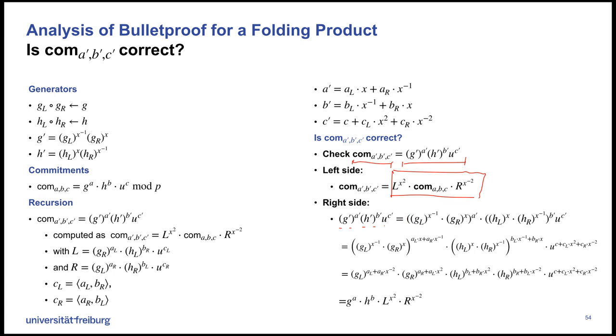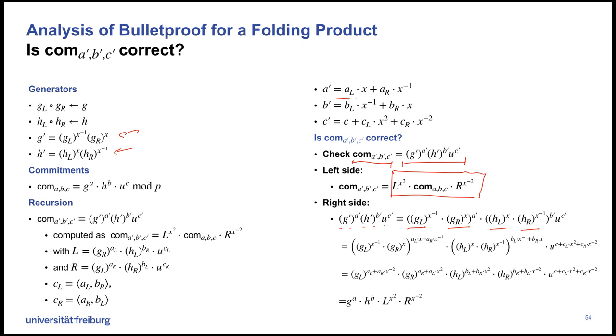So here we have G prime to the A prime. A prime was this term. Okay, so we have an x and x to the minus 1. I already have the left side and the right side multiplied with exponents. This is B prime, and this is H prime. So these are these ones. We have the new generators.